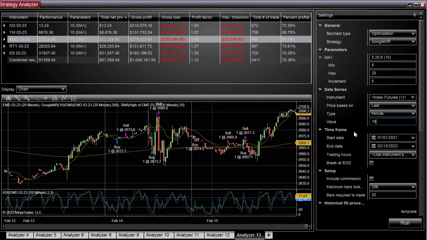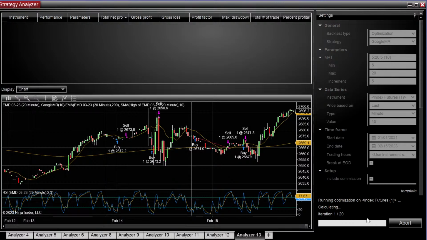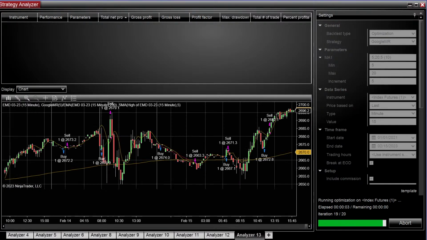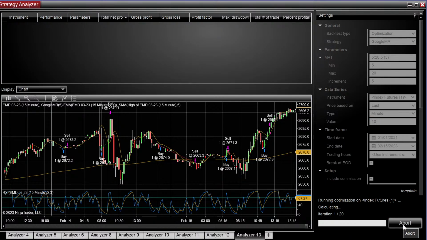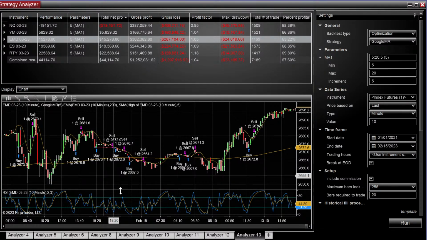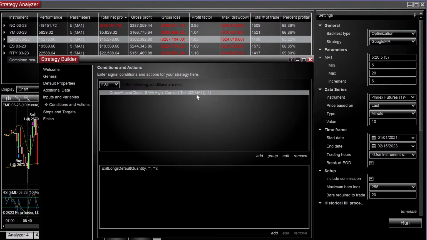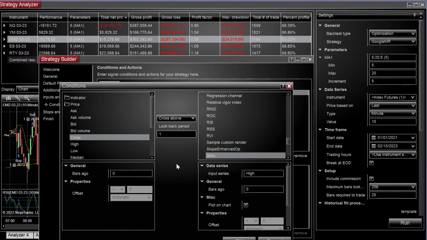Is it just trash? Nope, it did not improve the strategy, but we will try the low.